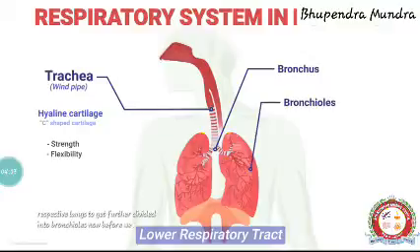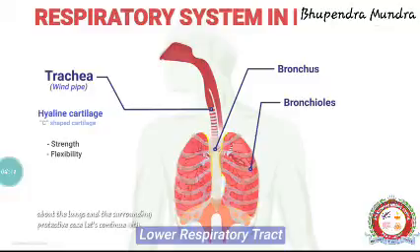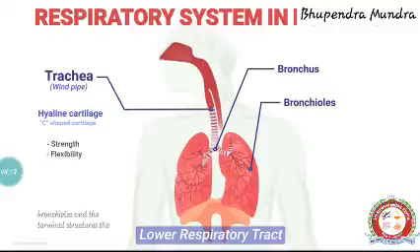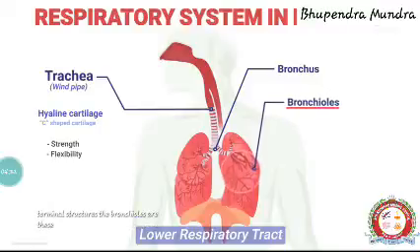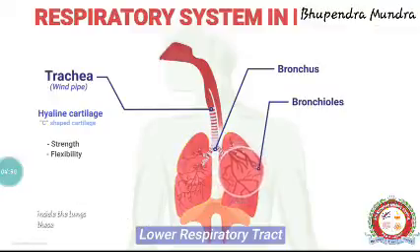Now, before we talk about the lungs and the surrounding protective case, let's continue with the bronchioles, the terminal structure. The bronchioles are these smaller root-like structures that are present inside the lungs.